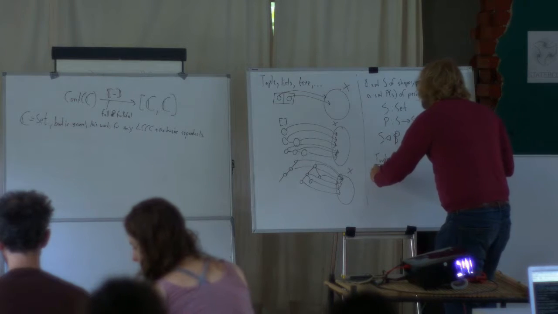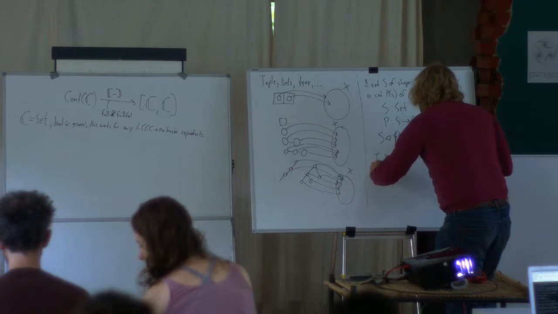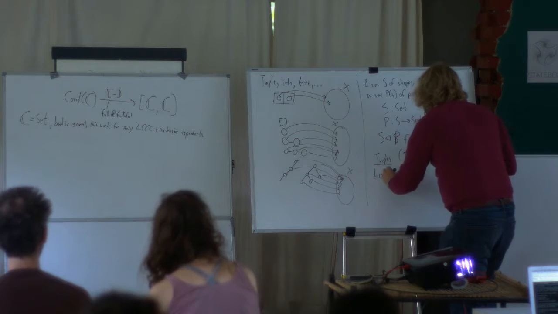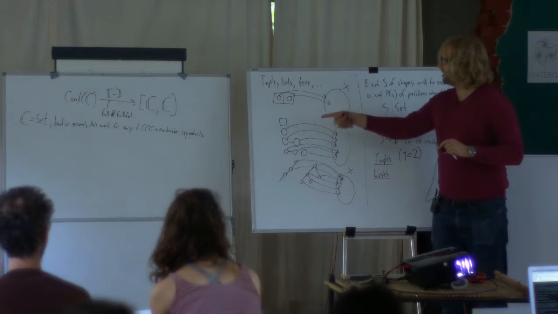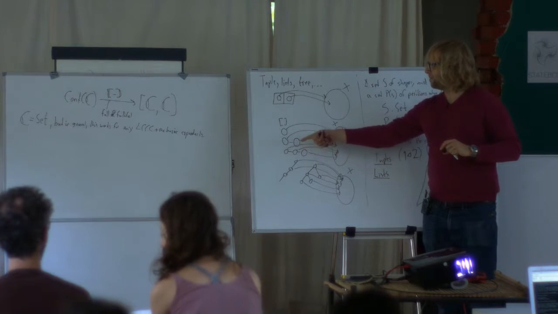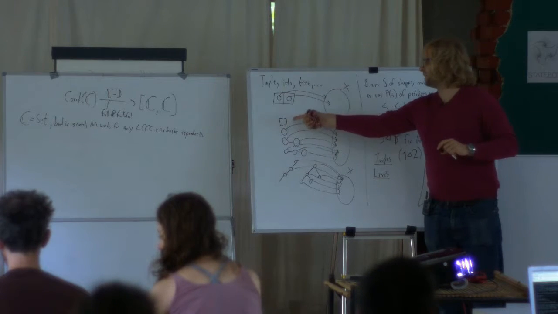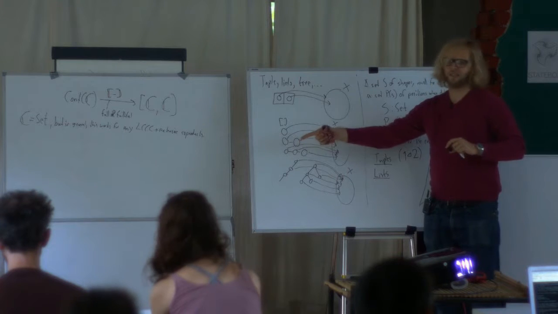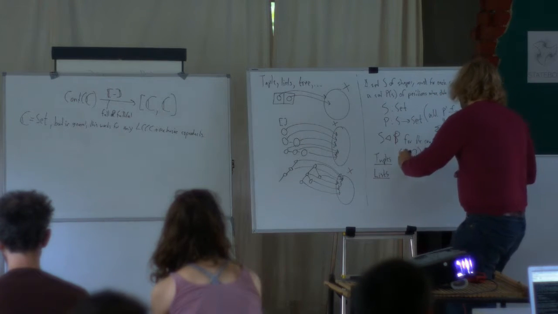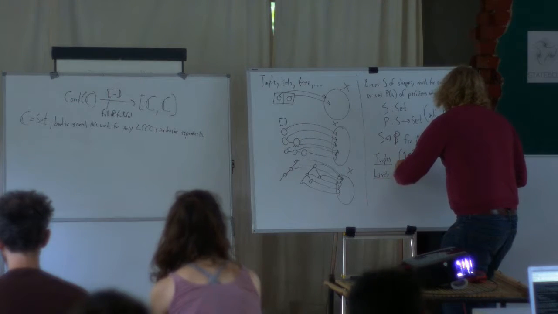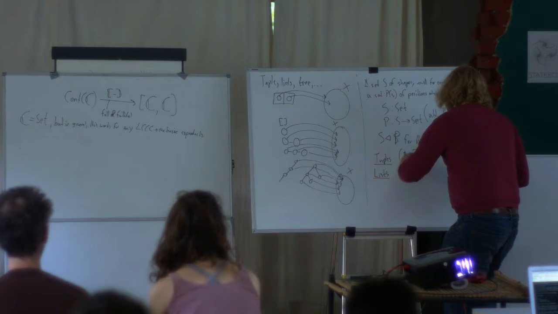Okay, let's do lists. This is a little bit more interesting, right? Okay, what does it mean to choose a shape of a list? Well, it just means that I choose how many elements I want in my list, right? It's either the empty list, or it's a one-element list, or a two-element list, etc., etc. So the shapes are given by a natural number n.